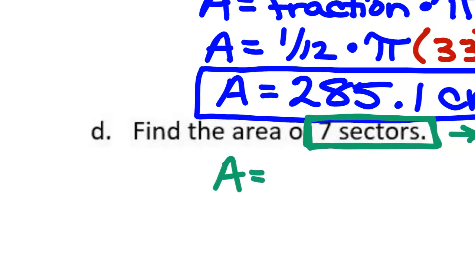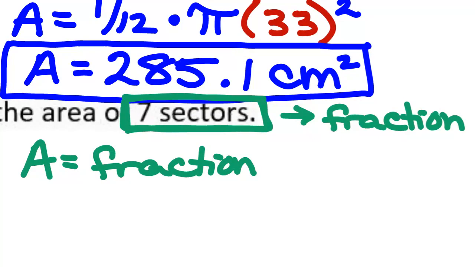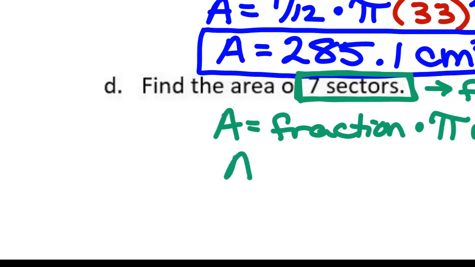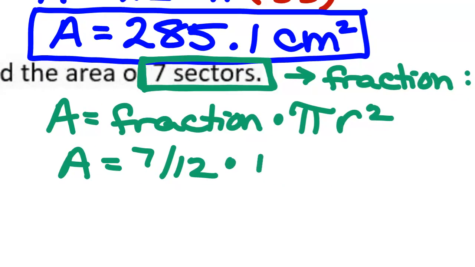So area is still equal to fraction times pi r squared. So my area is 7 out of 12 times pi times 33 squared.